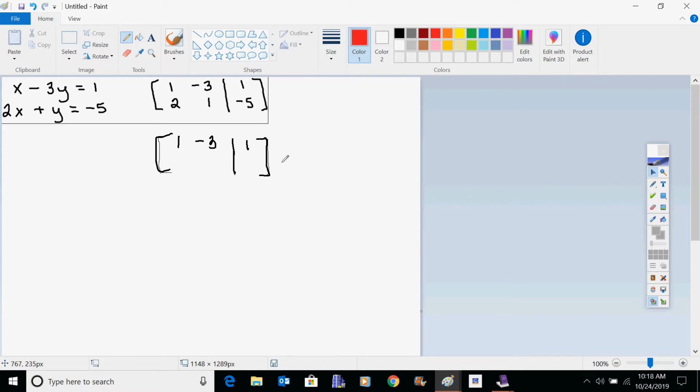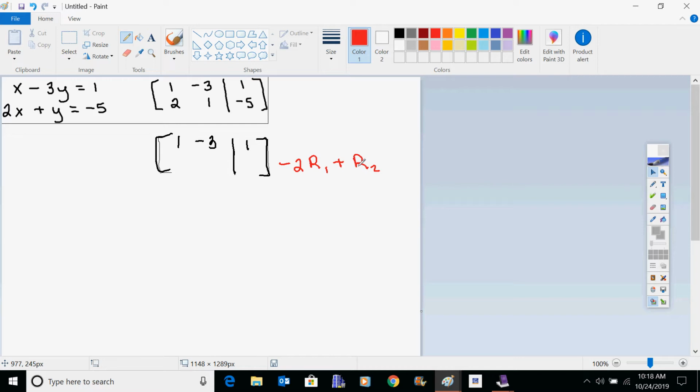So what I want to do first is I'm going to take -2 times row 1, and I'm going to add it to row 2, and so that's going to be row 2. Now, if this gets away from you at all, since it's being recorded, that's really convenient because you're going to be able to go back and watch again if you need to go through it. So -2 times row 1 plus row 2.